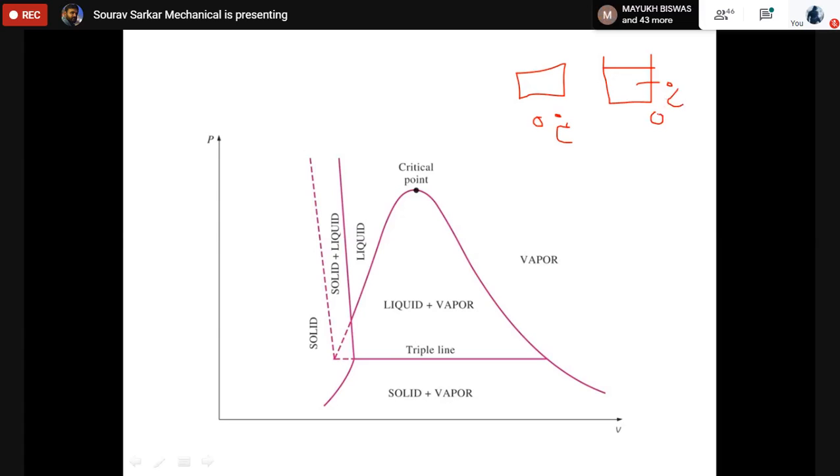The ice. So if you have 0 degrees Celsius ice and you start to supply heat, that ice will melt. Now during this melting, what happens? The volume contracts.